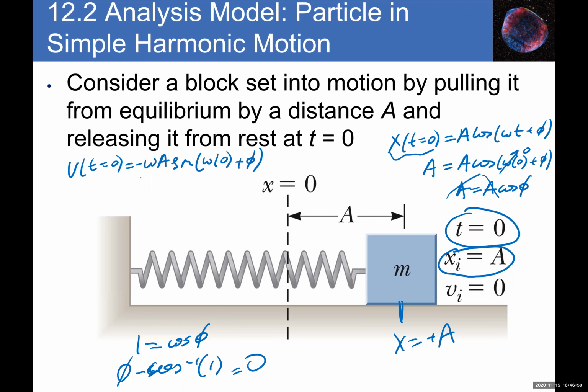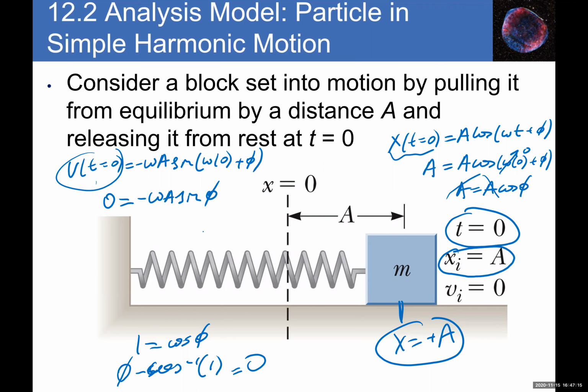Since this is the timer when x equals plus A, that means my initial velocity is 0, right? So I can say 0 equals negative omega A sine of phi.